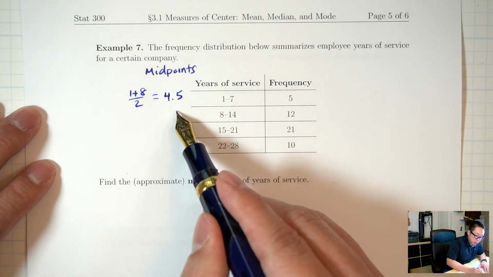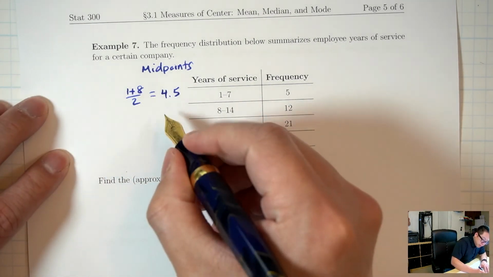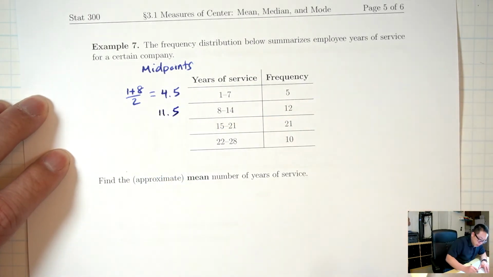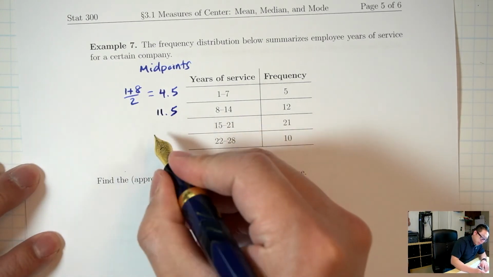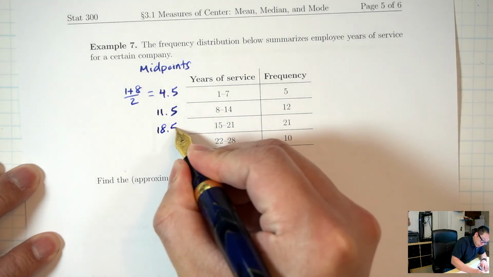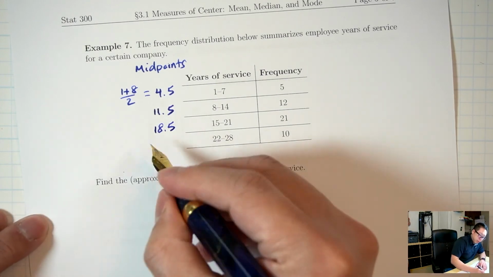So 4.5 plus 7 is 11.5, plus 7 again, 18.5, plus 7 one more time, 25.5.